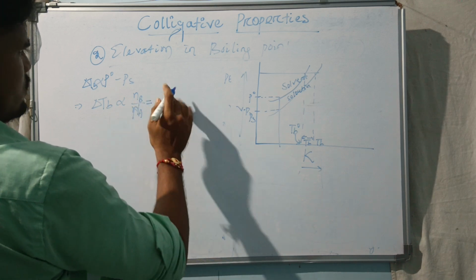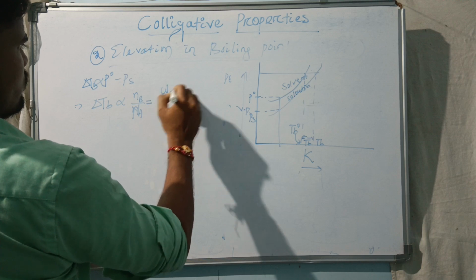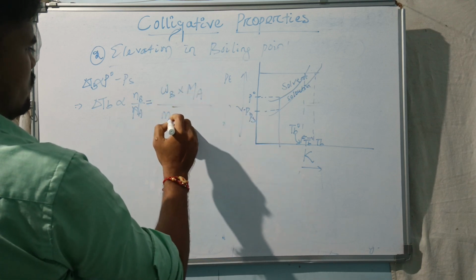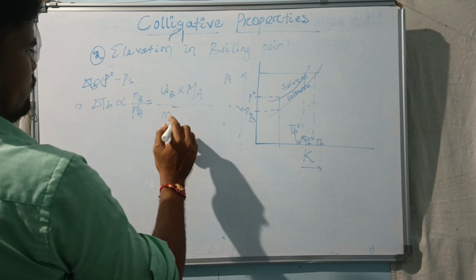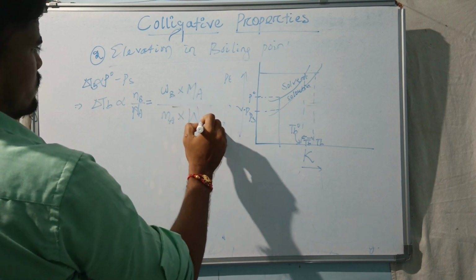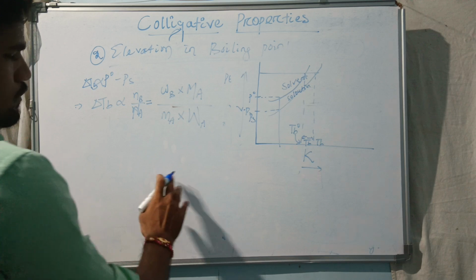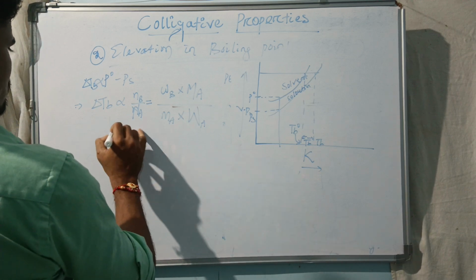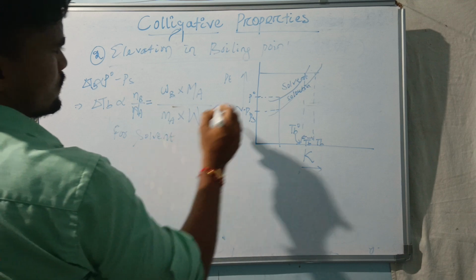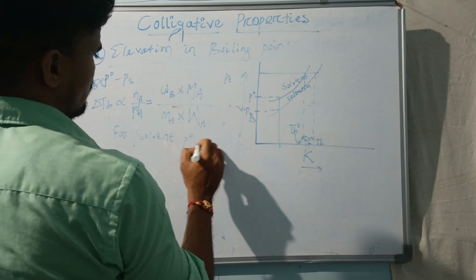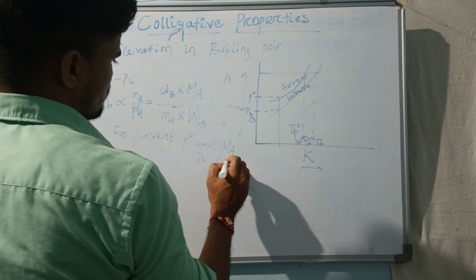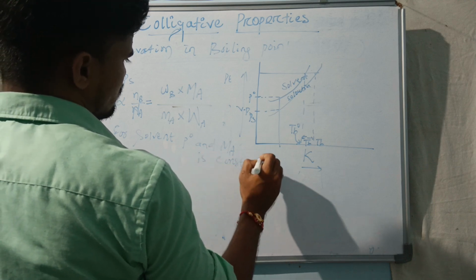And this is equal to WB into MA divided by the molar mass into weight, right? So for the solvent, in this case, P naught and MA are constant.